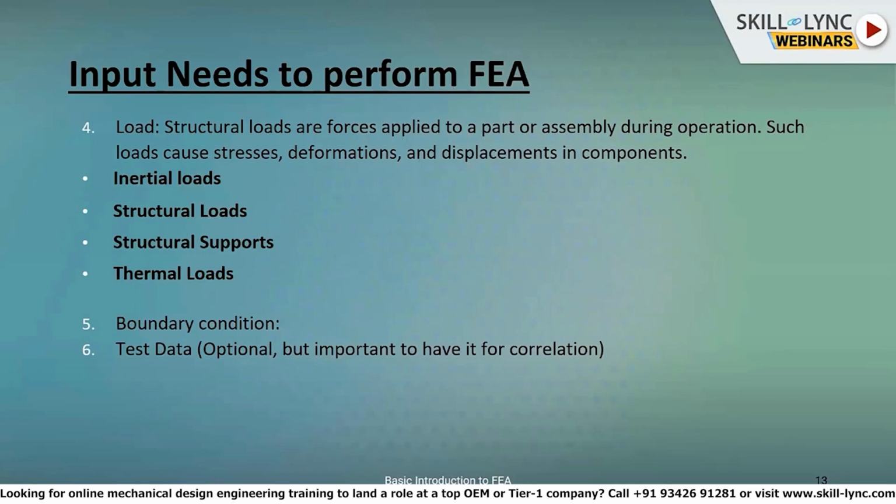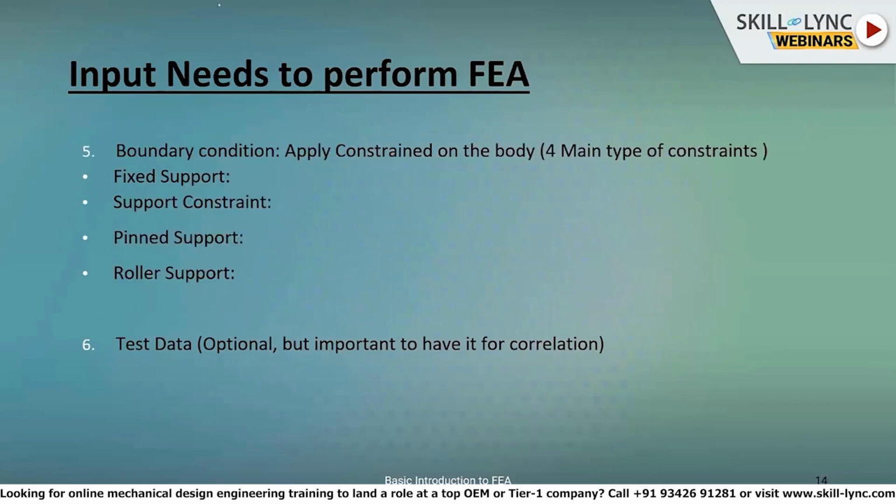Then boundary conditions are also very important, and the test data. The boundary conditions are actually the most important thing in this, because if we miss giving the boundary conditions, we can end up with a lot of numerical errors while solving the simulation. Basically, when we solve linear and nonlinear static simulations, you will end up with a lot of errors if you miss giving the boundary conditions.